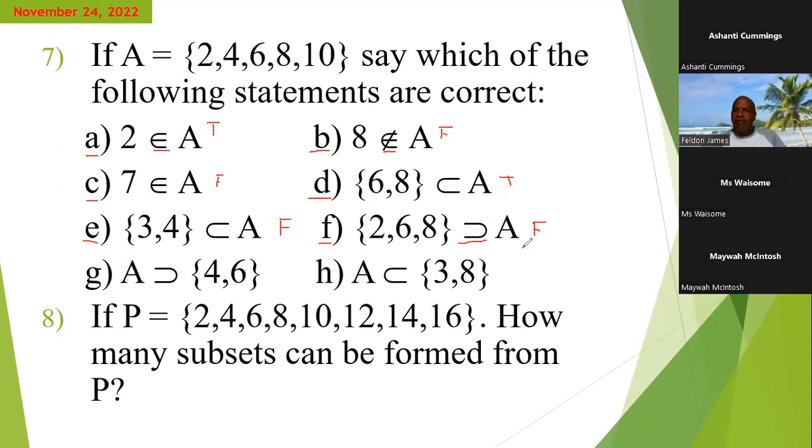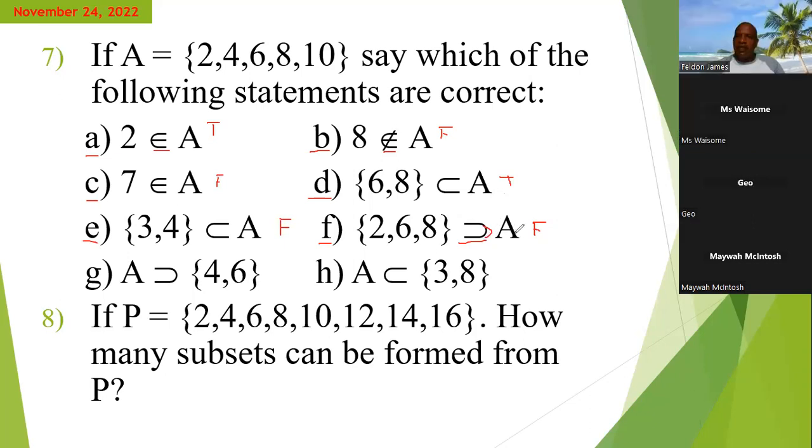We say that the curve points to the one that is a subset of, right? Yes, sir. So this would be saying A is a subset of {2, 6, 8}, but that is not true. It would be {2, 6, 8} is a subset of A. So in other words, the symbol should turn this way for it to be correct.